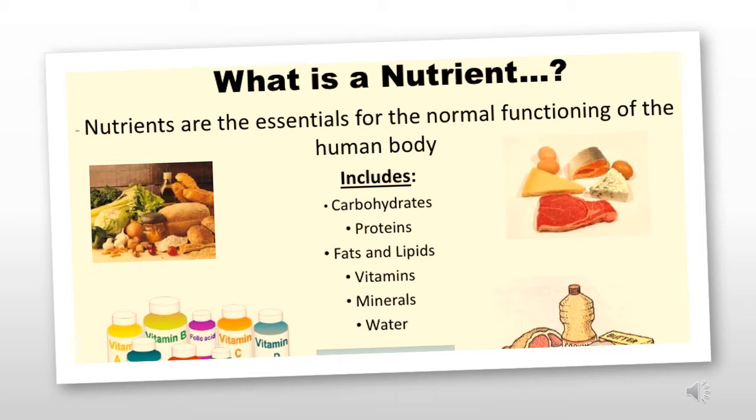Okay, but the ones which are required in lesser quantities are termed as micronutrients. Remember, micro means small. So we will see further in detail what is macronutrients and micronutrients.